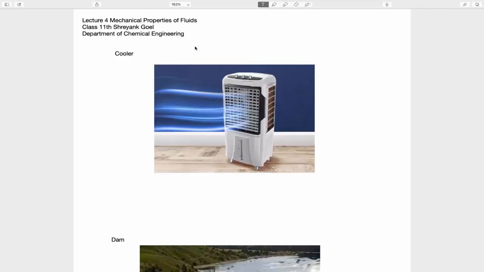While discussing mechanical properties of fluid, it is important to know why we need to study this. Why is fluid important in general?